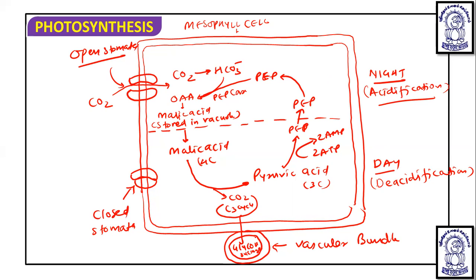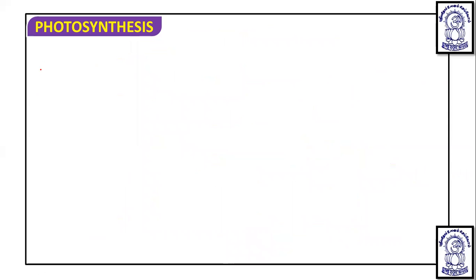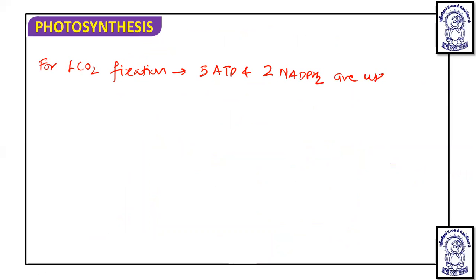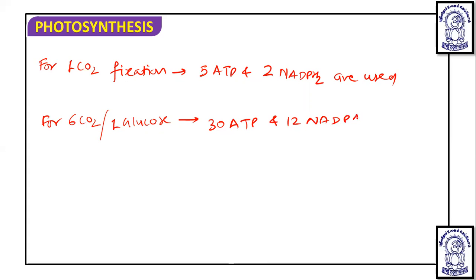Here also, for one CO2 fixation, 5 ATP and 2 NADPH2 are used, but for 6 CO2 or 1 glucose synthesis, 30 ATP and 12 NADPH2 are used, because the pathway is similar to the C4 plant. Okay, so this is the thing which is occurring here.